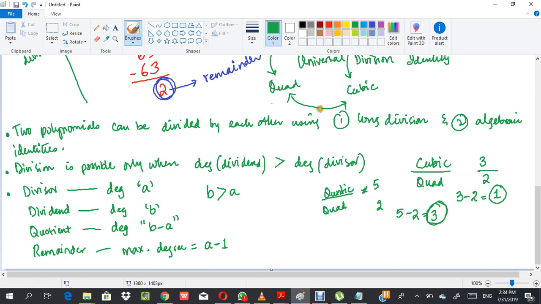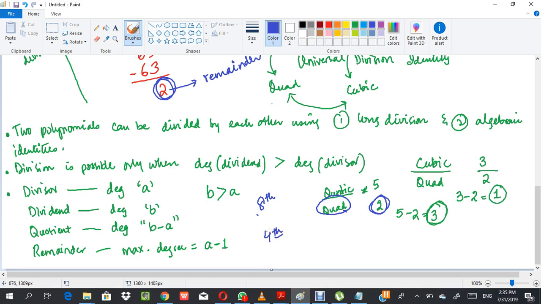So let's talk about this case where we were dividing a quintic polynomial by a quadratic polynomial. Since a quadratic polynomial is a second degree polynomial, the maximum degree of the remainder can be 1, which means that we'll have at max a linear remainder. Now what if I divide an 8th degree polynomial by a 4th degree polynomial?